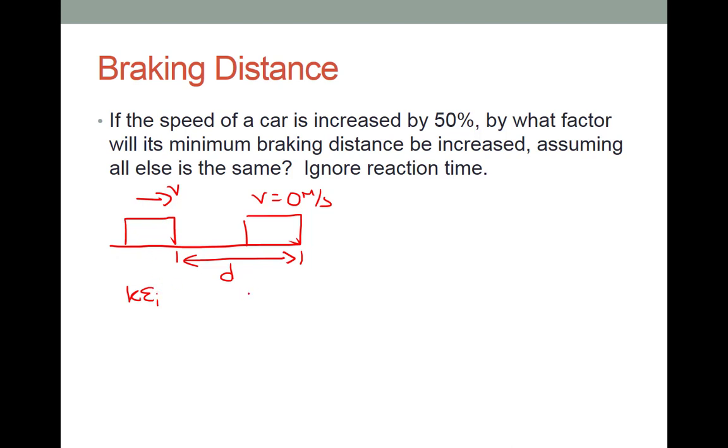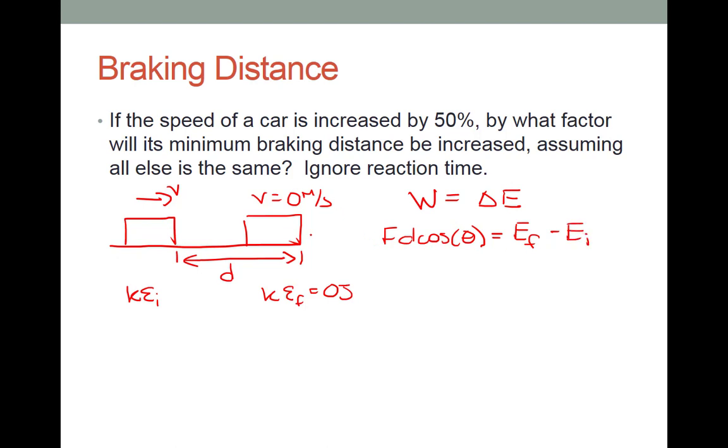We have an initial kinetic energy. Our final kinetic energy is 0. So going to our work-energy theorem, the work is going to be F d cosine of theta, equals our change in energy, which is E final minus E initial.